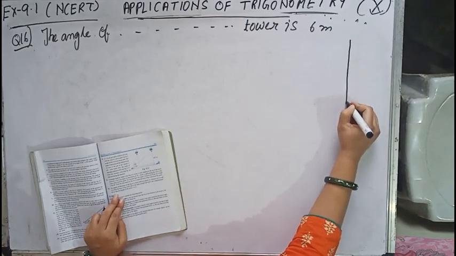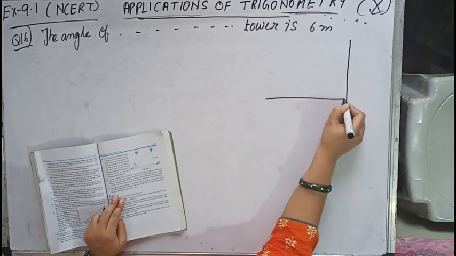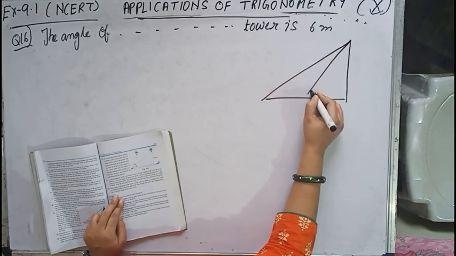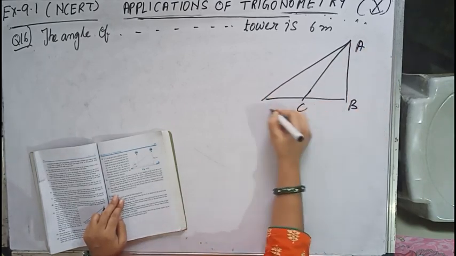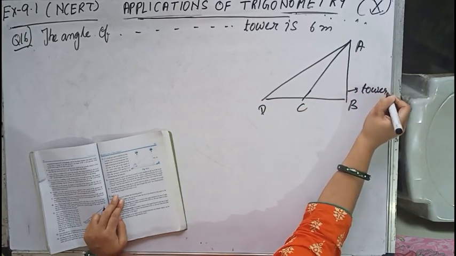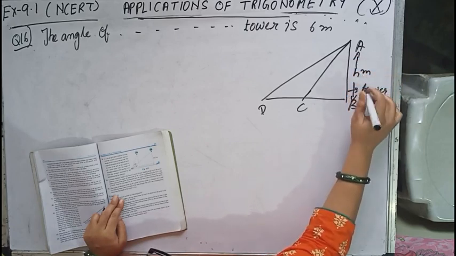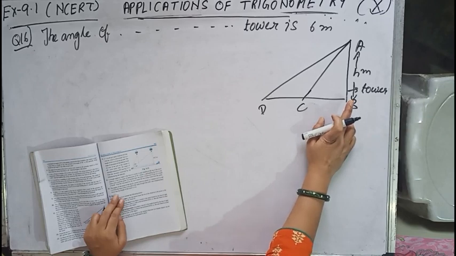So suppose AB is the tower of height h meter.